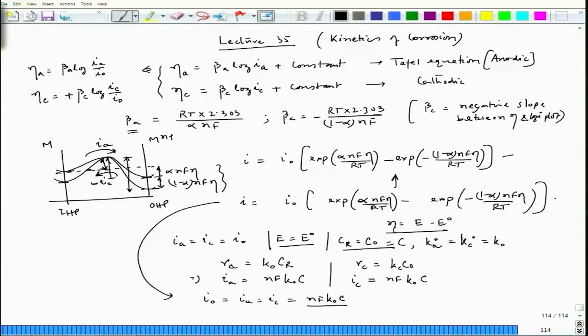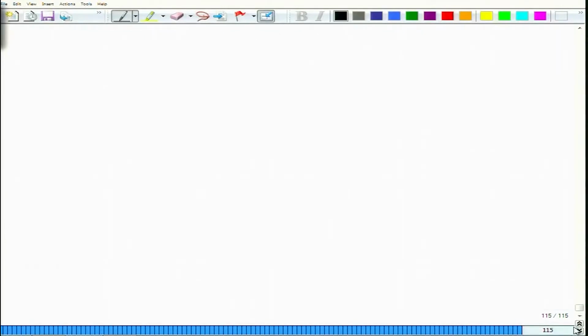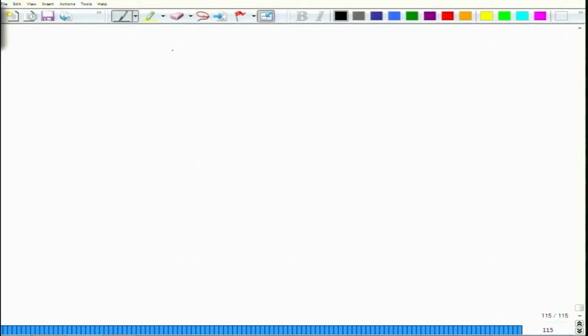Now, coming back to these two equations. These two equations are very, very important when we try to look at the corrosion part. Now, before we try to relate corrosion theory, corrosion of metal, with these Tafel equations, first see how they can be plotted.